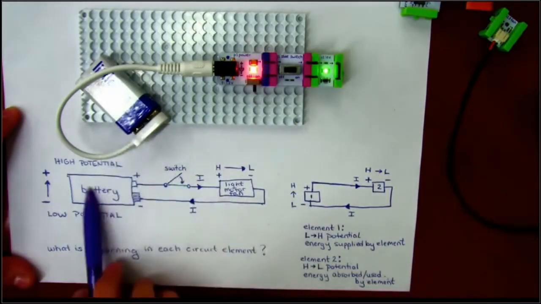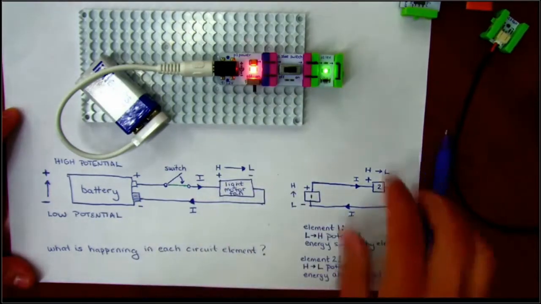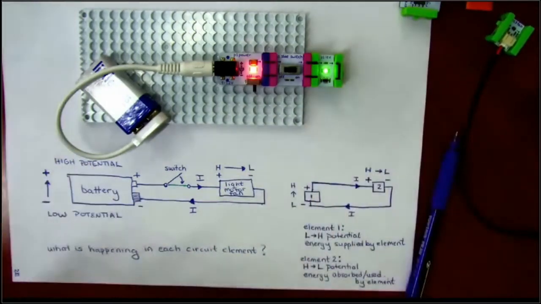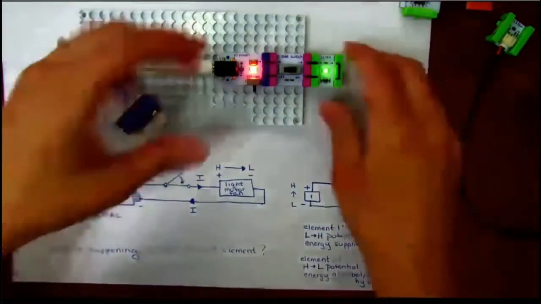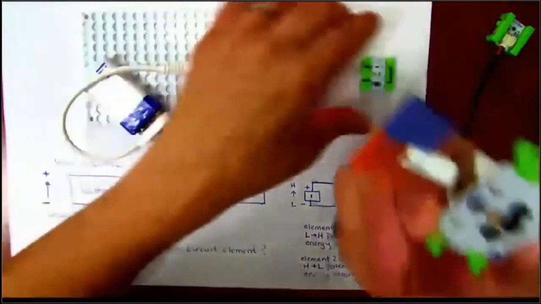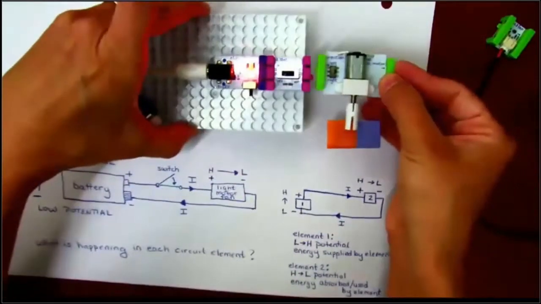I'm slowly using up the chemical energy in here to make this light to go through here. And these elements, we're going to talk about, solve for element 1, what is it doing? They're going to either be supplying energy, like a battery, or absorbing energy, like a light, or, I don't know, let's see. Stick a little motor on here. Little motor.